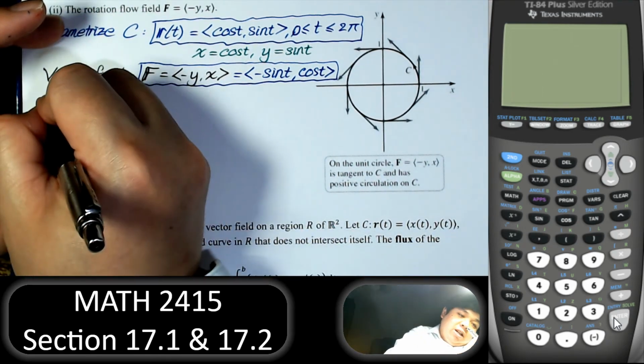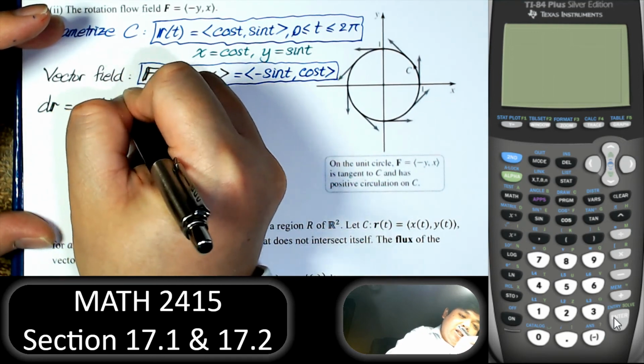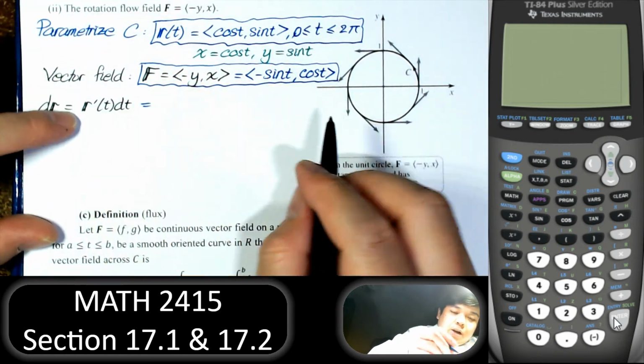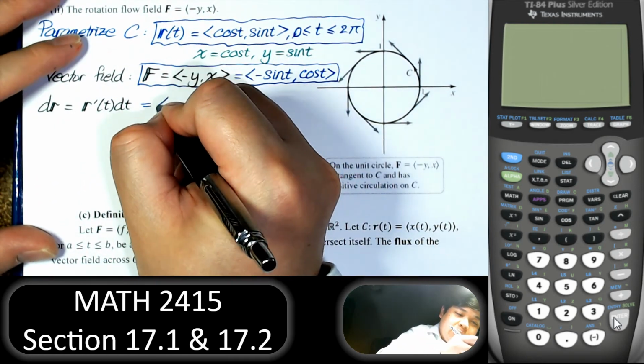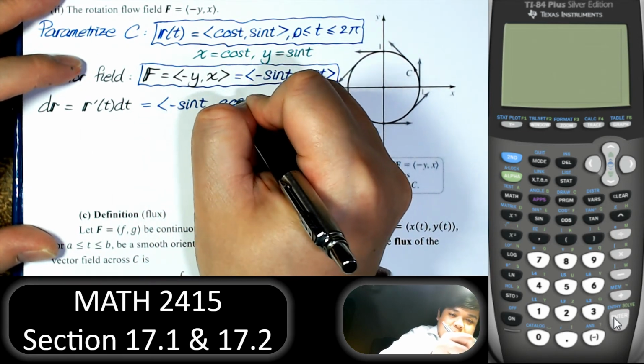We just need to find the derivative dt. The derivative of cosine is negative sine. The derivative of sine is cosine.